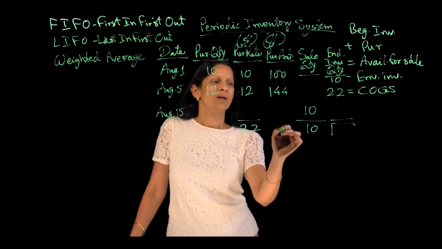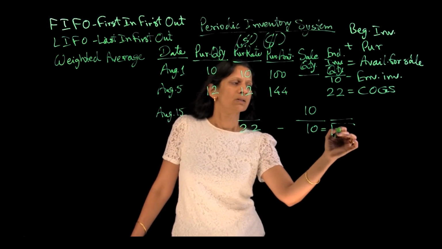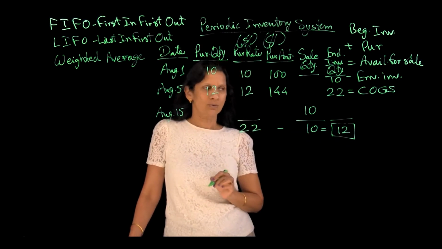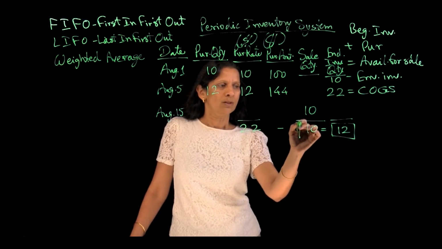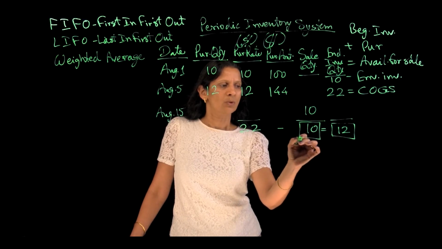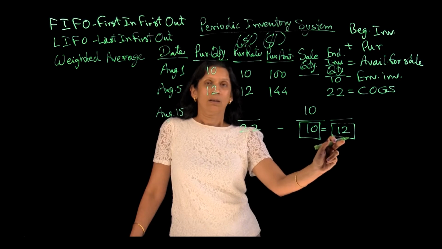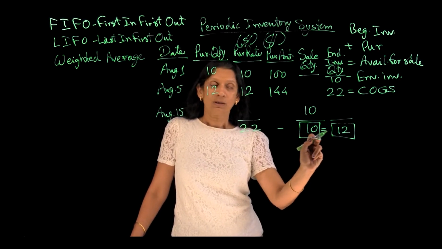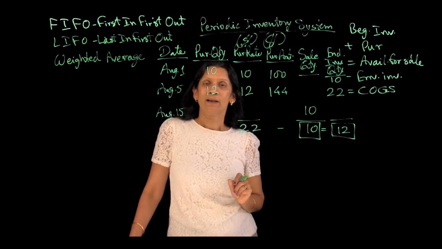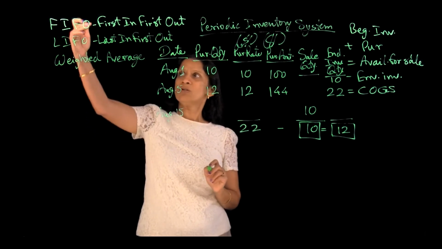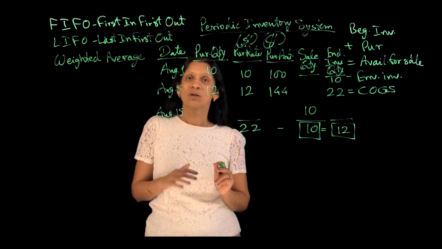So 22 minus 10, in this way we have 12 units in our ending inventory. Now our goal is to value or to find out the cost of these sold units as well as ending inventory units. Now this value depends on which method we follow or which is our assumption.